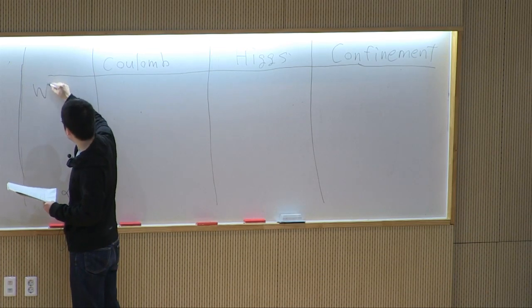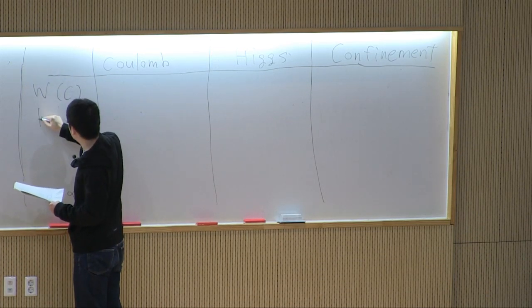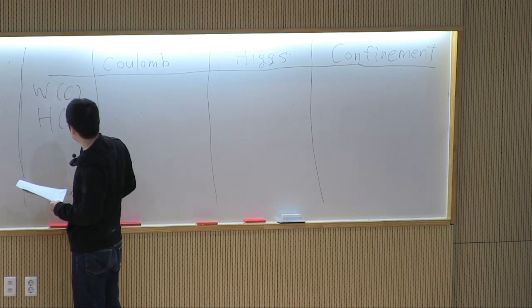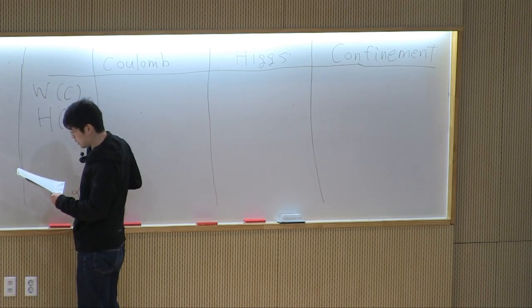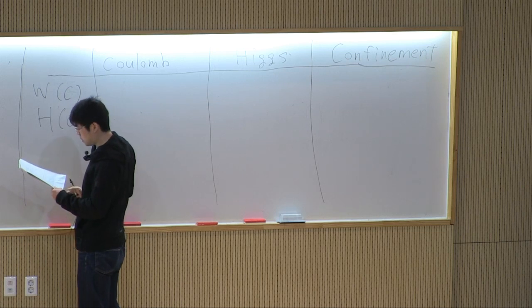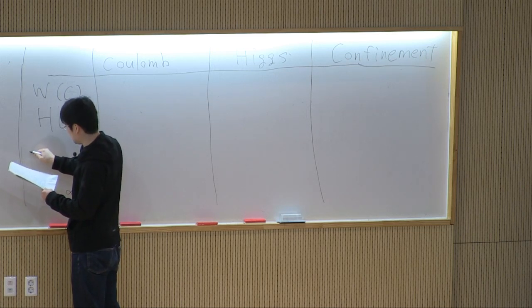Then we consider the behavior of the Wilson loop and the 't Hooft loop. By looking at the behavior of these operators, we can see whether the electric one-form symmetry and the magnetic one-form symmetry are broken or not.